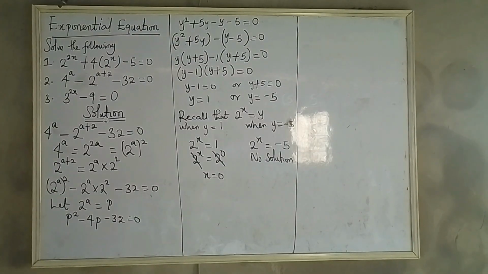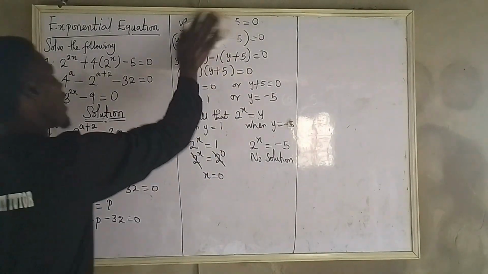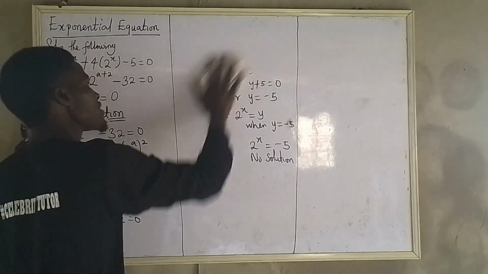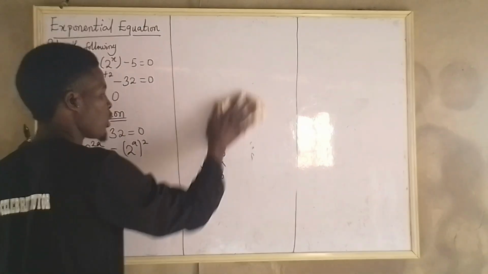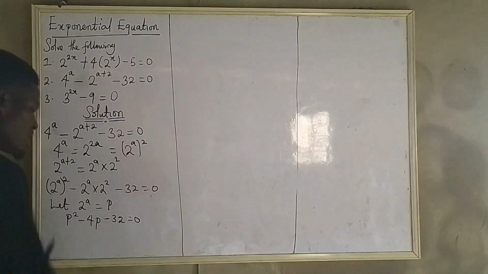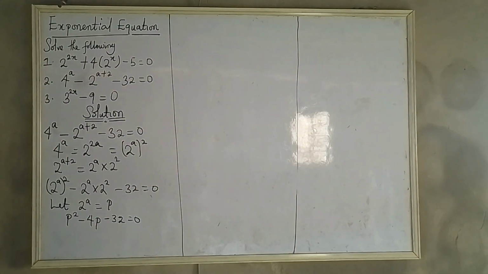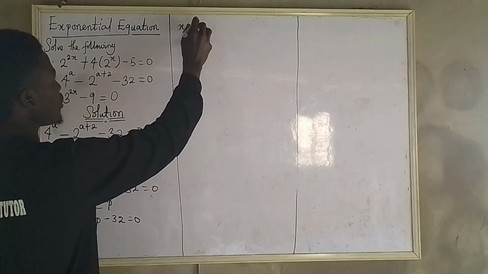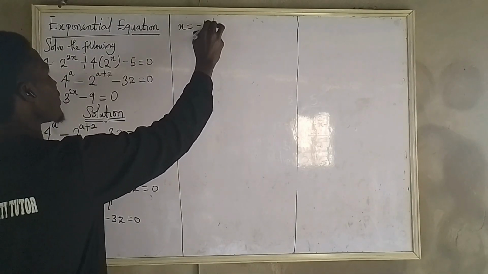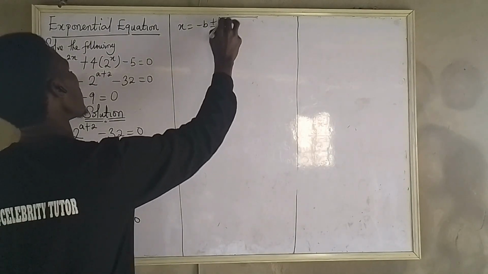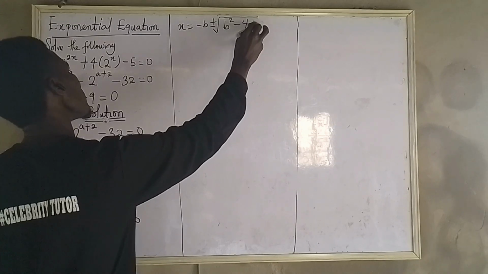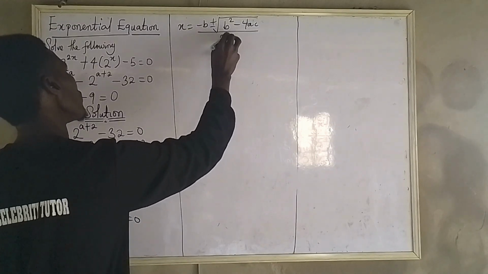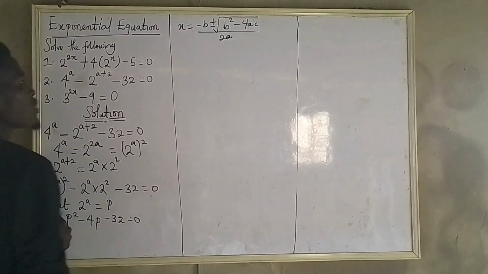So let me use another method of solution. I've used factorization method for this, so let me use formula method for this question now. Using formula method, you know the quadratic formula, which is x equals to minus b plus or minus square root of b squared minus 4ac all over 2a.